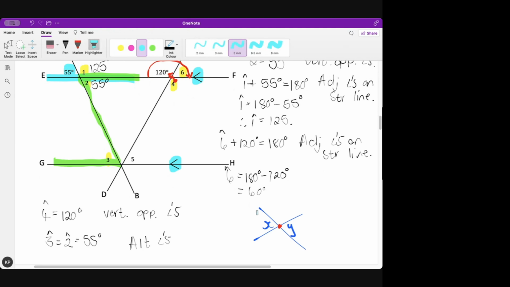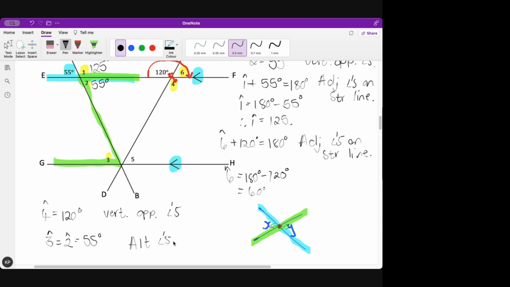These are 2 intersecting lines, and they make an X basically. Then these angles that are facing each other, Y on the right, X on the left, those are vertically opposite and those angles are always equal.